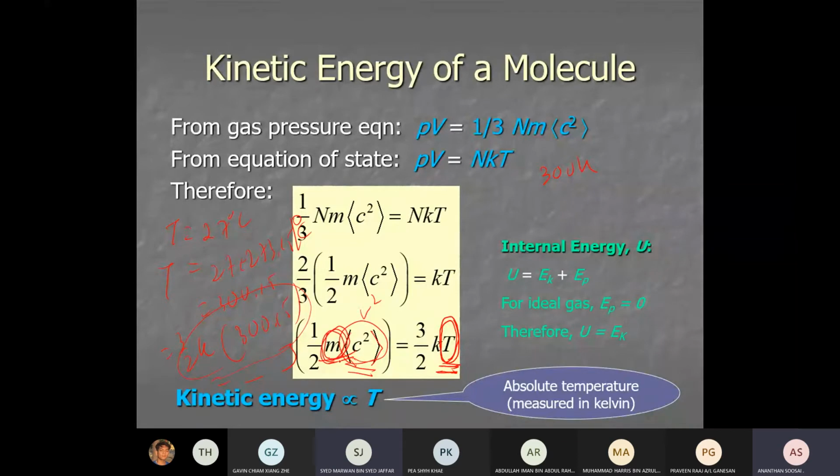Which is going to move faster, oxygen or carbon dioxide? Oxygen will move faster, because oxygen is lighter than carbon dioxide. But both possess the same kinetic energy.